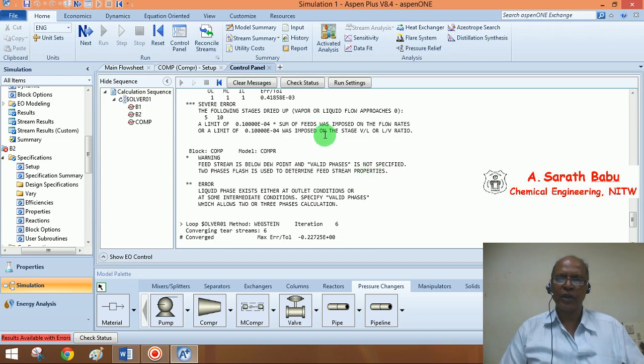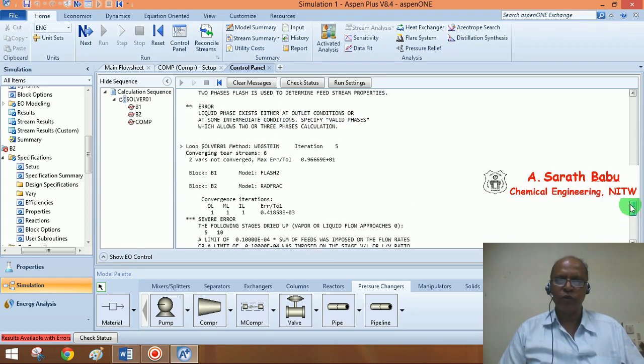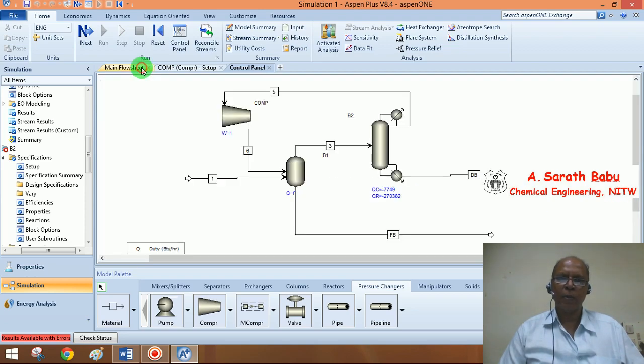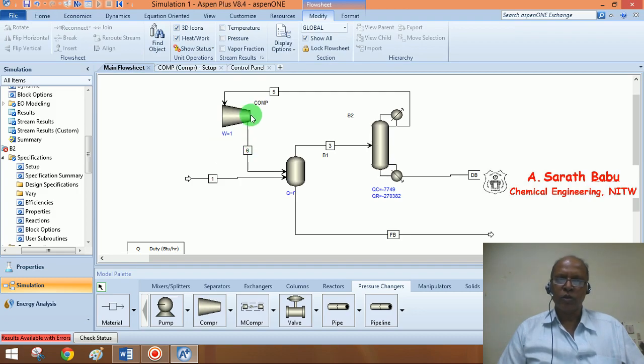The liquid phase, I think in the compressor, when you compress, probably some amount of liquid is happening. That could be the error. We can easily remove it. Now you can see the converging tail stream is 6. So this is taken as the recycle stream. So while solving the flash column, we don't know what is the second input stream to the flash. That's why it assumes and then converges, iterates till the block is converged.